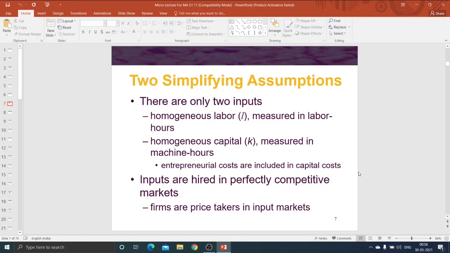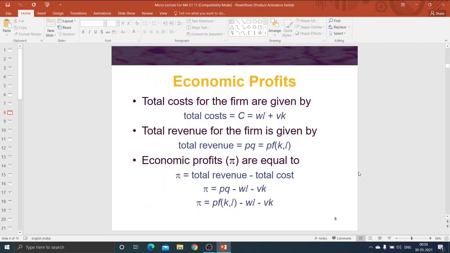If inputs are hired in a perfectly competitive market, as we theoretically envisaged in earlier lectures, firms are price takers. In perfect competition, firms are the price takers from the market. They cannot actually influence the market.